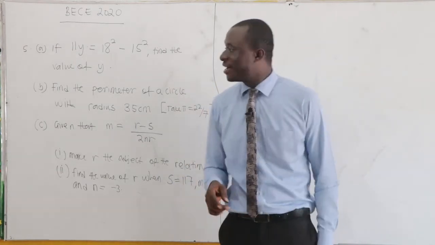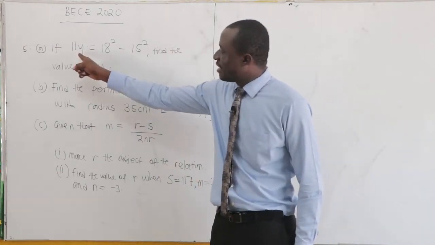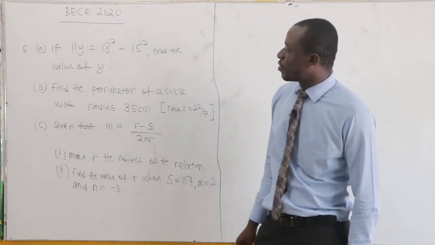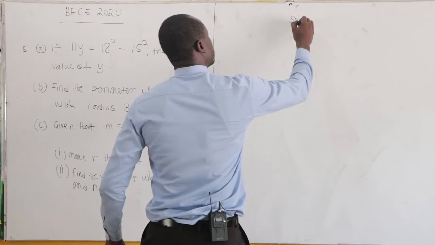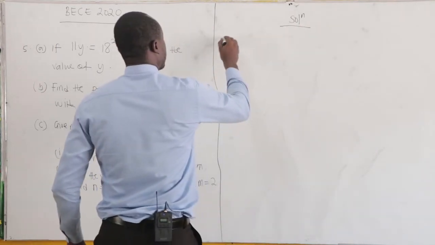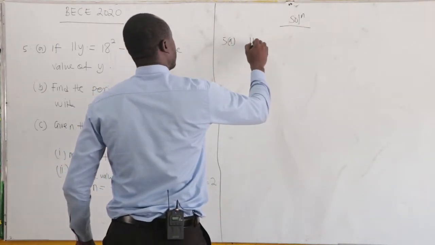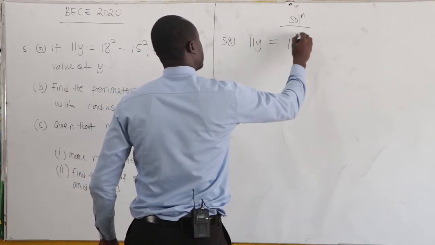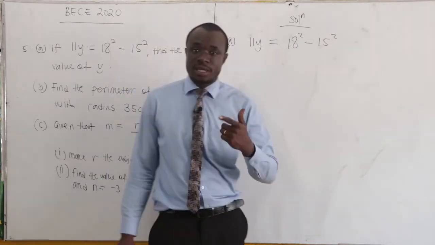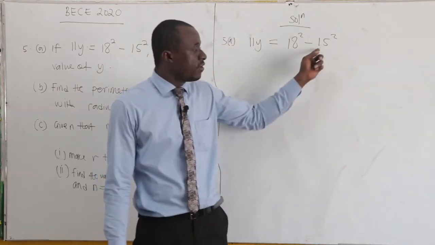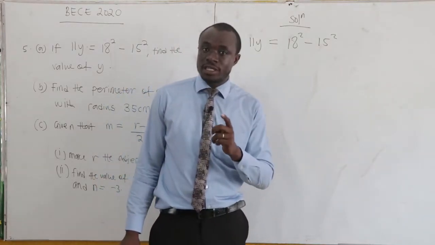Now, question number 5a. If 11y equals 18 squared minus 15 squared, we should find the value of y. So 5a, we have 11y equal to 18 squared minus 15 squared. Now 18 squared is the same as 18 times 18. 15 squared is the same as 15 times 15.